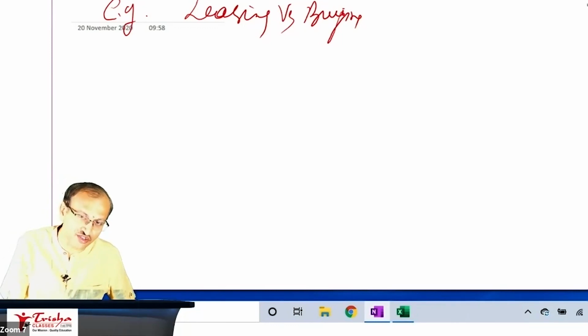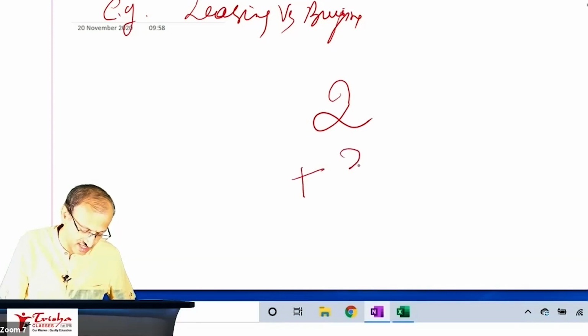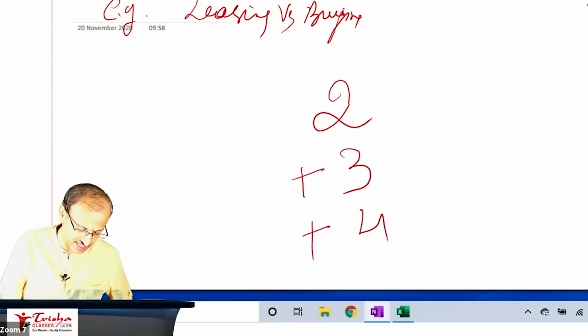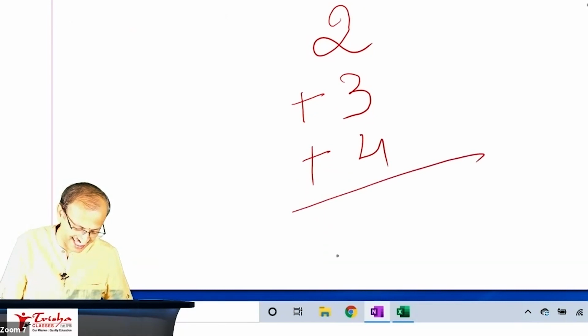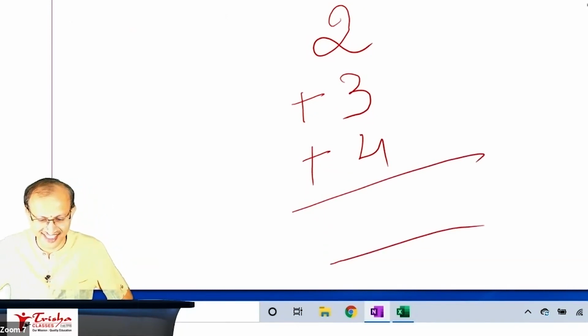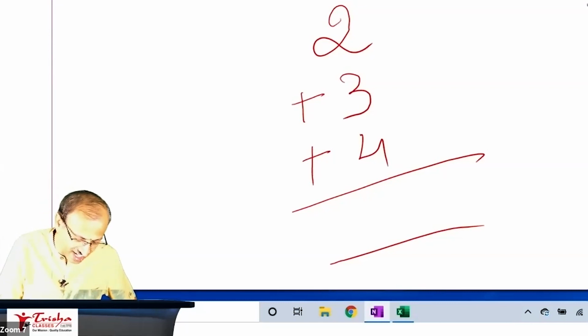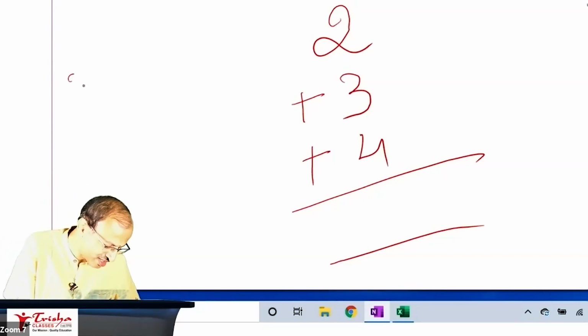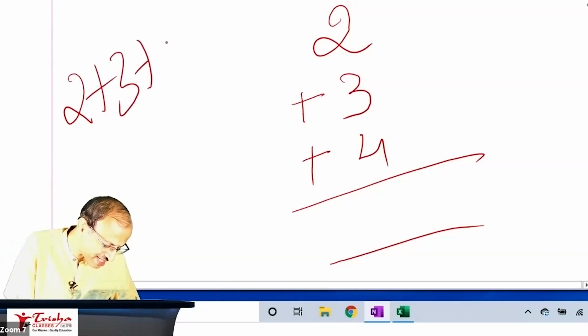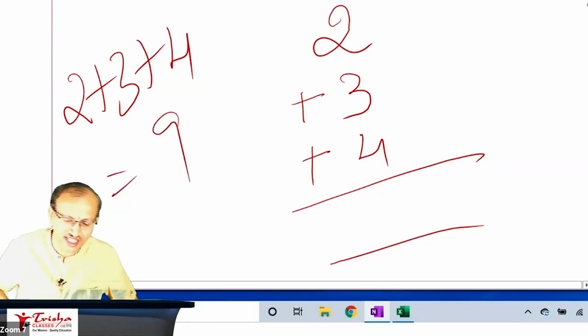New thing I will tell today. Fast, boys and girls. Today you are learning a really new thing. I will test. This is all you learnt in your schooling: 2 plus 3 plus 4 is 9, right?